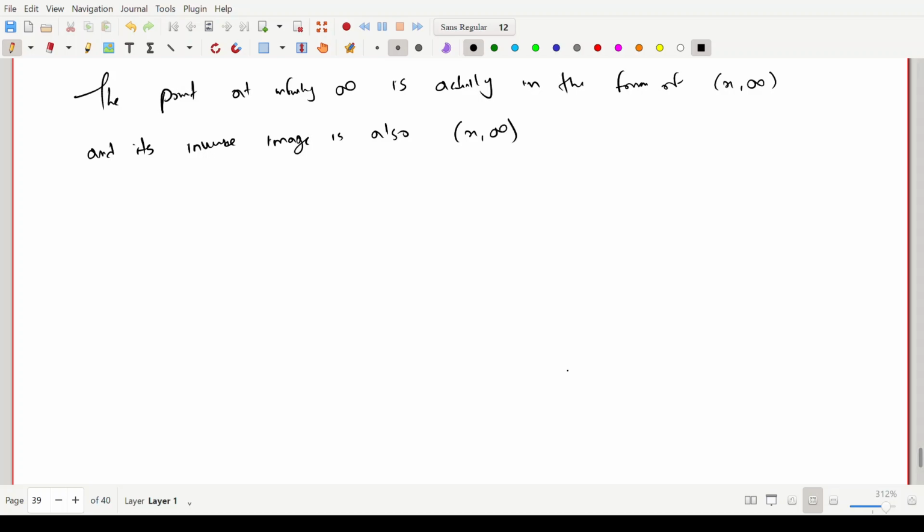That means we are considering the negative of infinity as infinity.